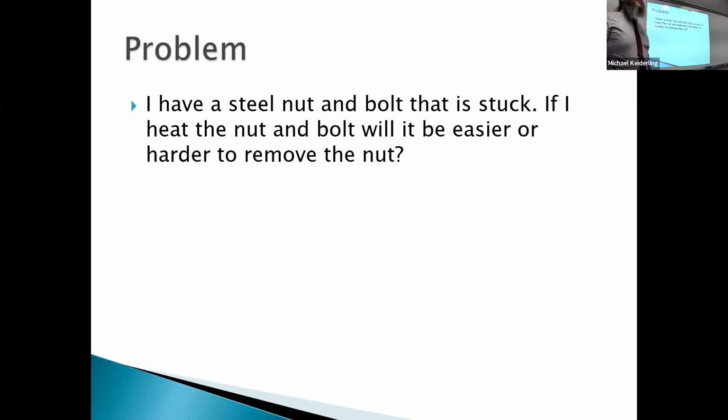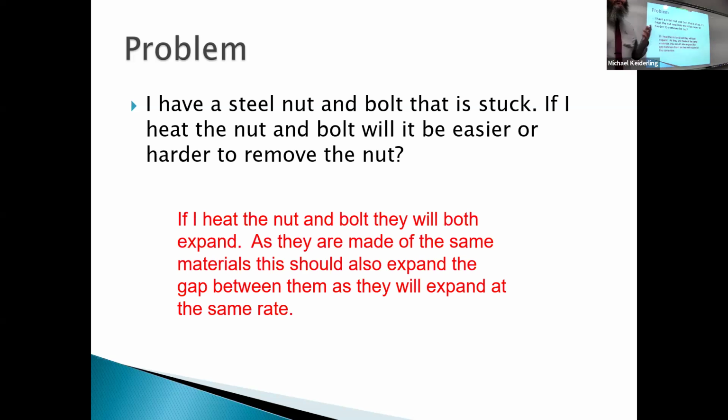Do you think it will be easier or harder to remove? Yeah, because it turns out the gap between them will also expand because they're made of the same material. Now, if they're made of different materials, some very unfortunate things can happen. It might be great because maybe the bolt expands less than the nut does, but the bolt might expand more than the nut does, and then you have problems.